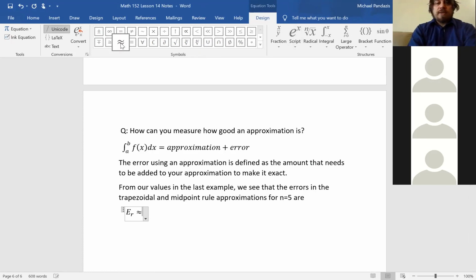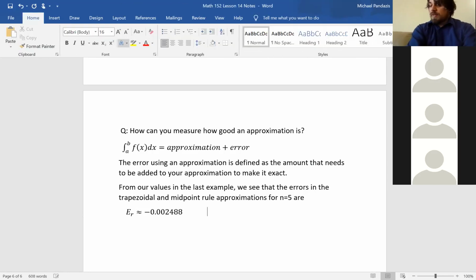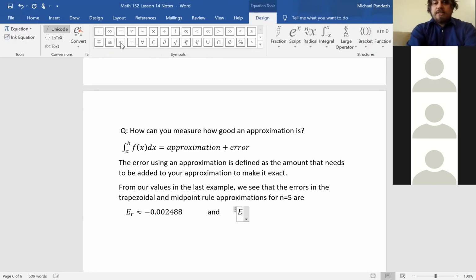That's approximately negative 0.002488. So the error can be negative. And E sub M, which is easier because M stands for midpoint rule, is approximately 0.001239.